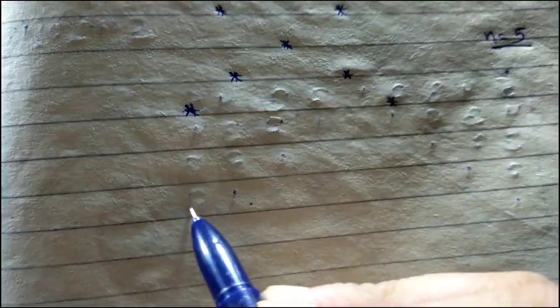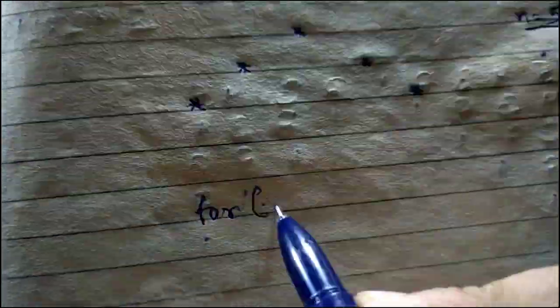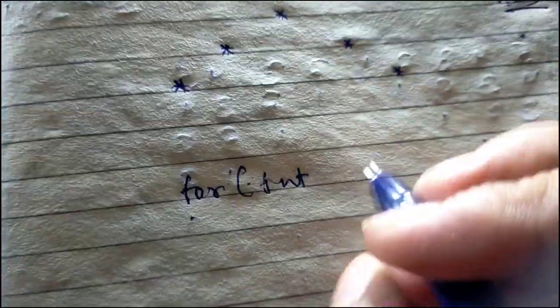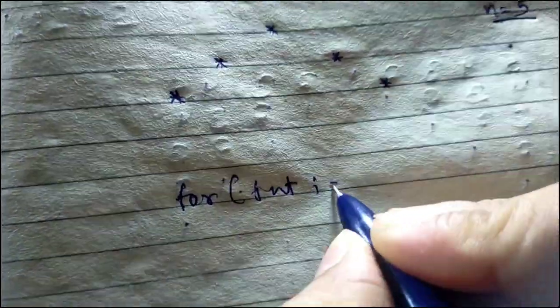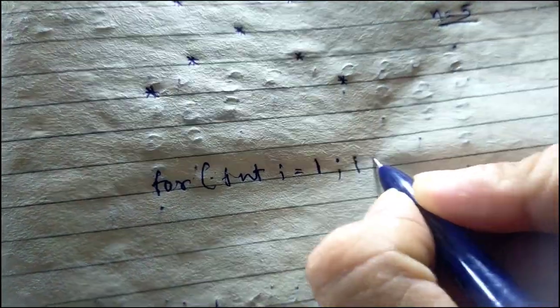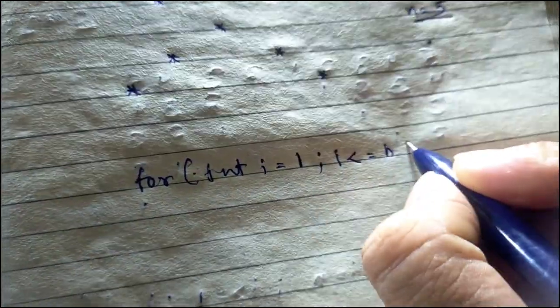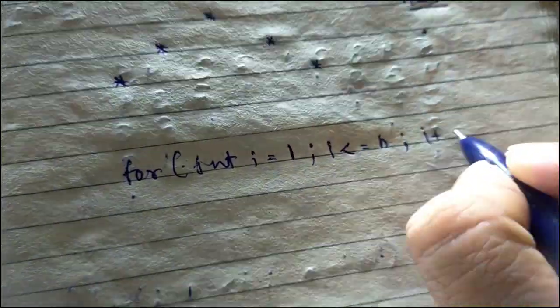Okay, so first of all, what will we understand? First, I am going to write our outer loop: for int i equals 1, i less than or equal to n, i plus plus.